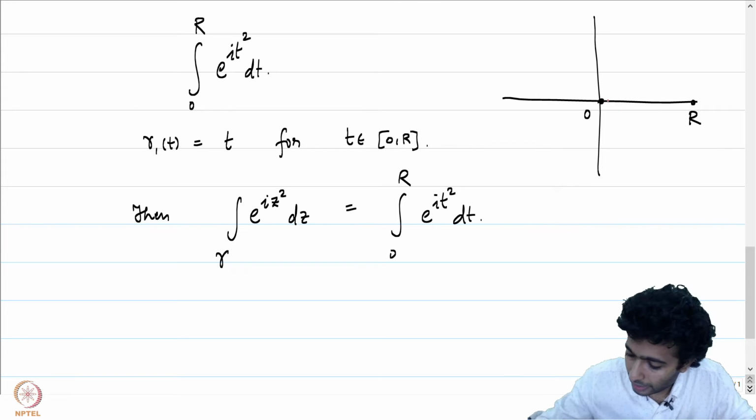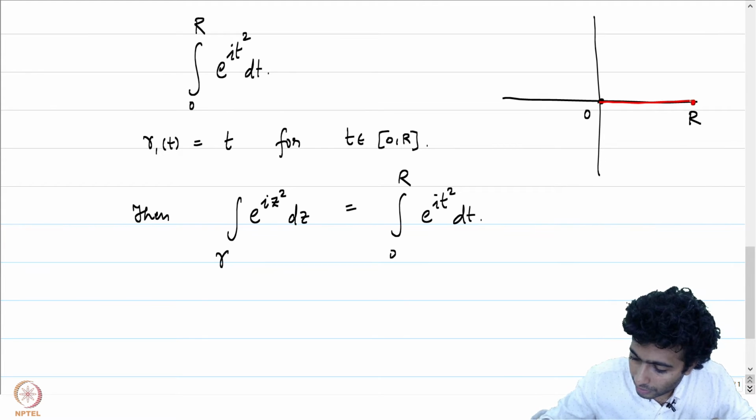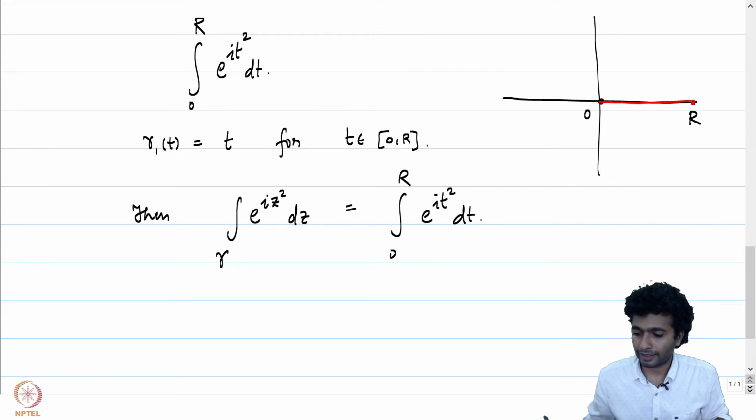Let me draw in red the path along which we are computing the integral.